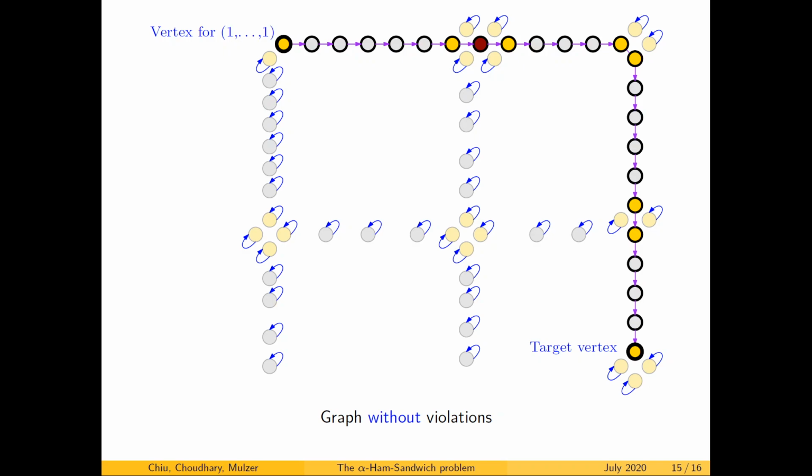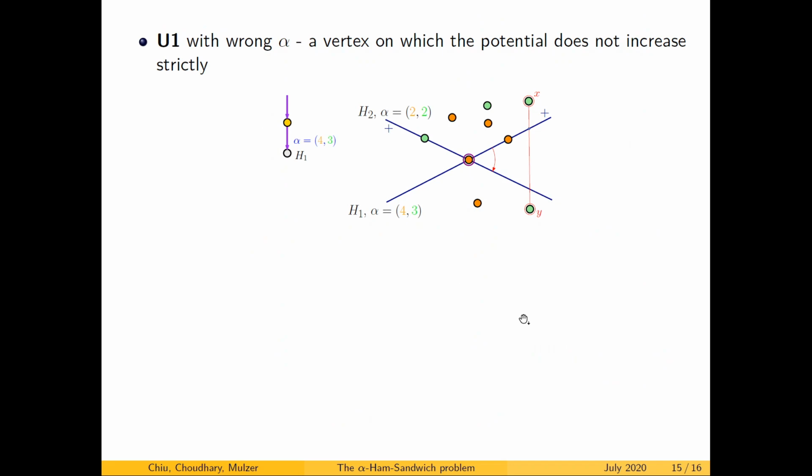This is the case when well separation and weak general position hold. If they do not hold, then the problem becomes more interesting. So here is a case where the orange and the green points are not well separated. If you look at H1, this contains 4 orange points and 3 green points above it.